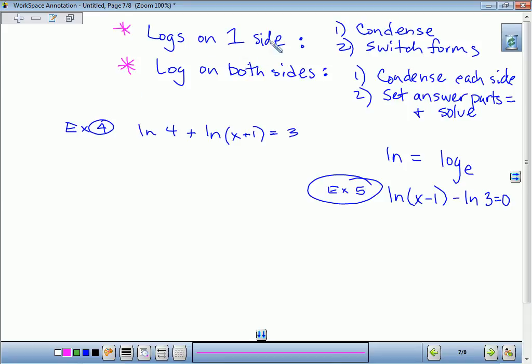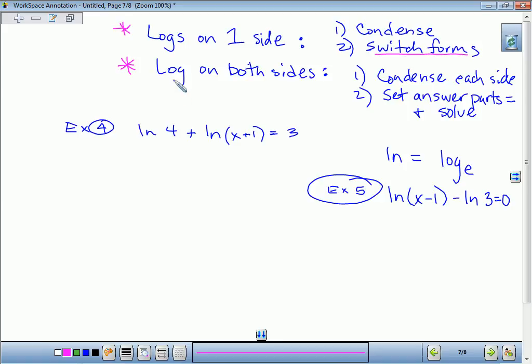If we have logs on one side and only one side of the equation, if we need to condense them, we do, and then we switch forms. This is what got us on our test. Those middle four on the front, 5, 6, 7, 8. It was bad. Honestly, so bad.